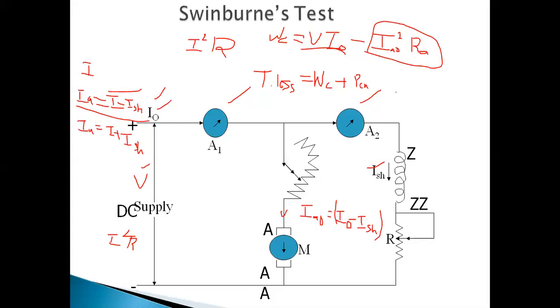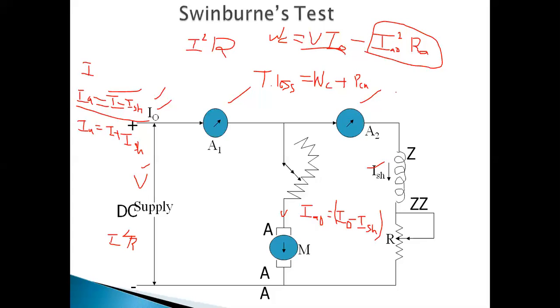Input is equal to VI, and we will calculate the total losses. We subtract the total losses from the input, we get the output, which is divided by the input. Then that is equal to the efficiency of the motor.